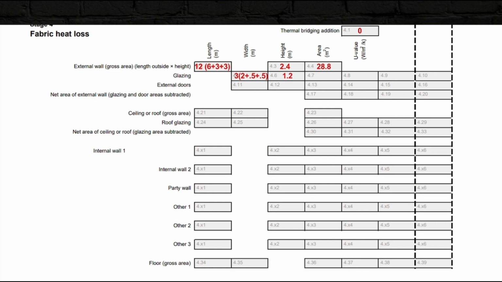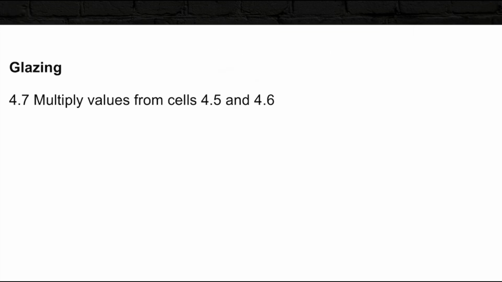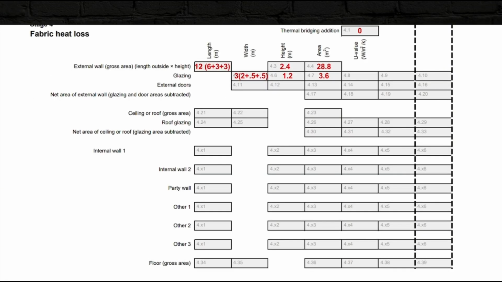If there were different heights, we may need to do them separately, and we could use the boxes further down that allow us to do other aspects. But for this example, adding the three window widths together, which gives us 3 meters, and 1.2 meters of height gives us an area for our windows of 3.6 square meters.